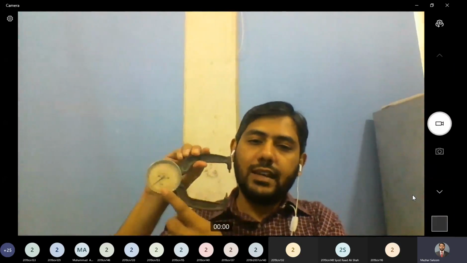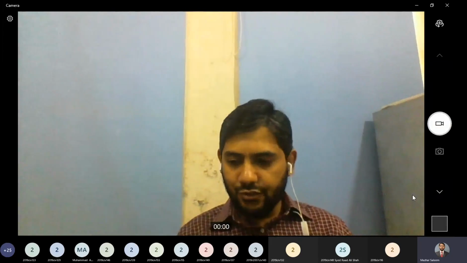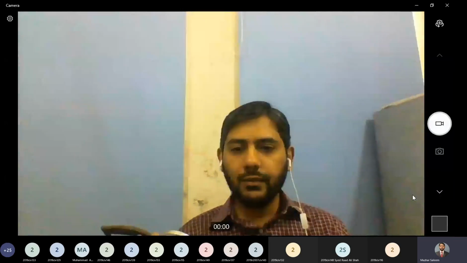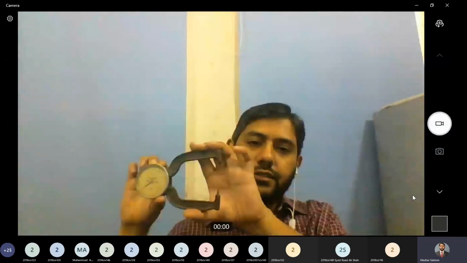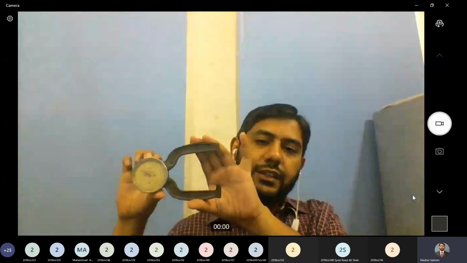This has only one scale and the range is from 0 to 1 inch, and the least count of this instrument is 0.0025 inches. As I change the opening, the needle on the dial rotates, and then we can read it accordingly.